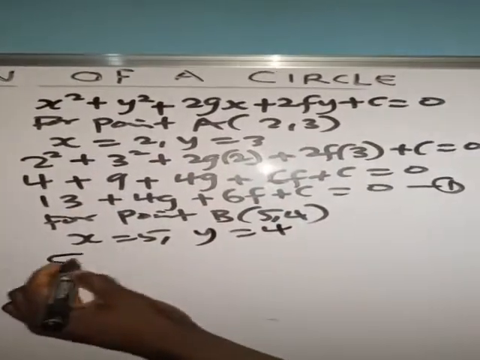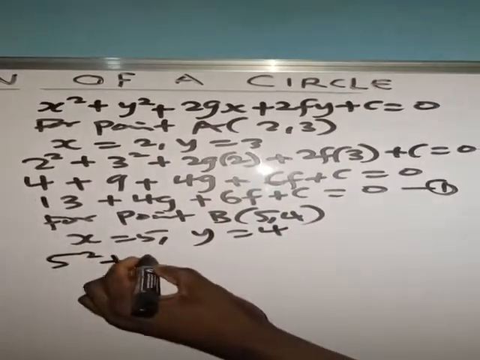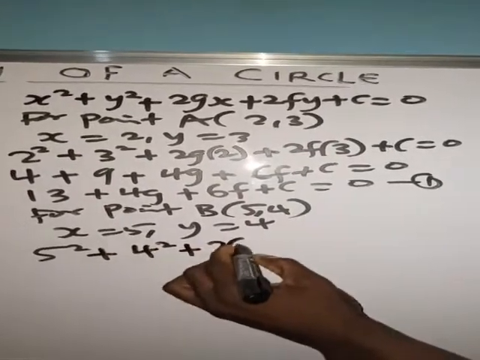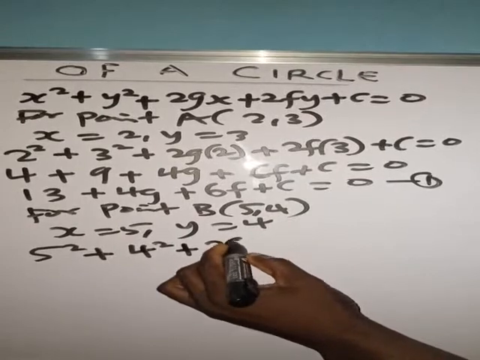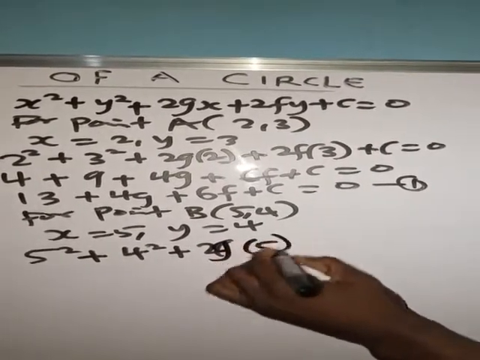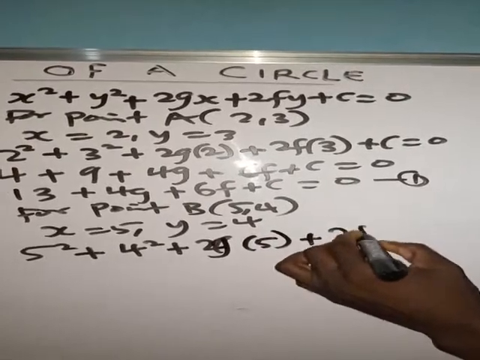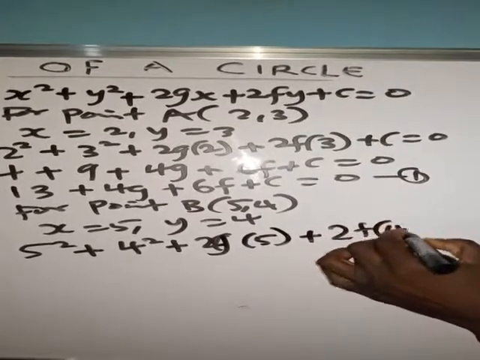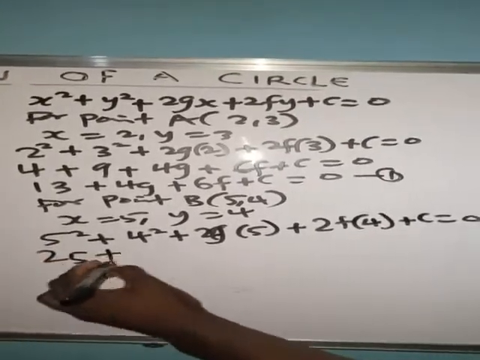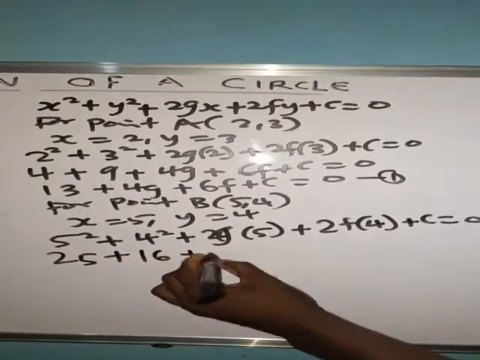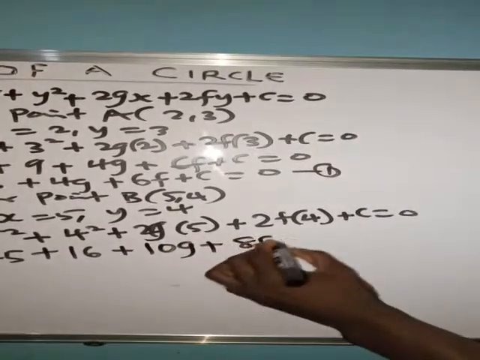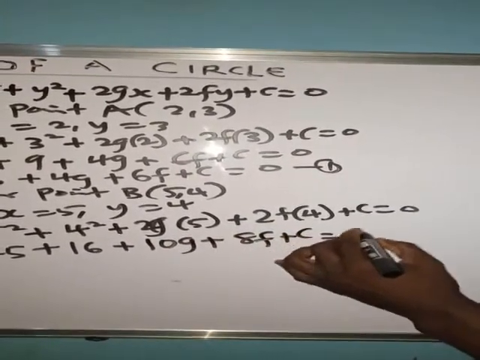So we have 5 squared plus y squared, that's 4 squared, plus 2gx, that's 2 times g, and x is 5, plus 2fy, that's 2f, y is 4, plus c is 0. 5 squared is 25, plus 4 squared, 16, plus 2 times 5, 10g, plus 2 times 4, 8f, plus c is equal to 0.